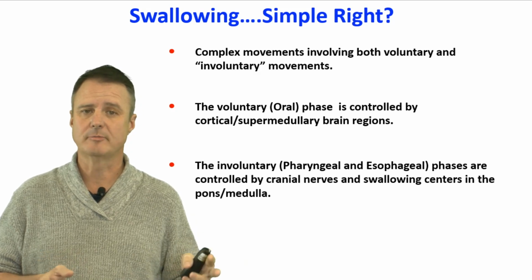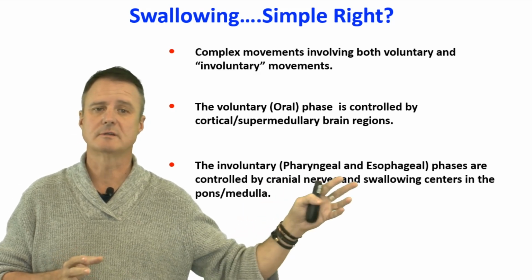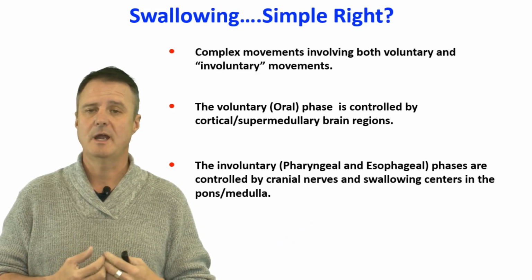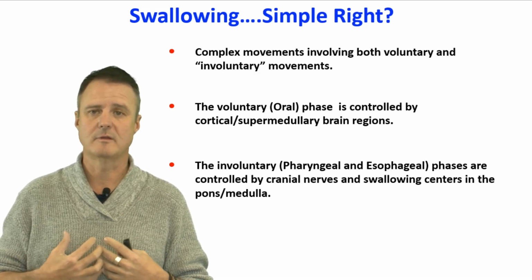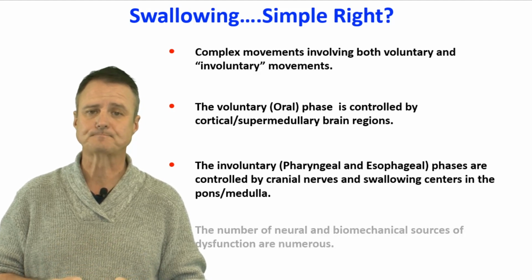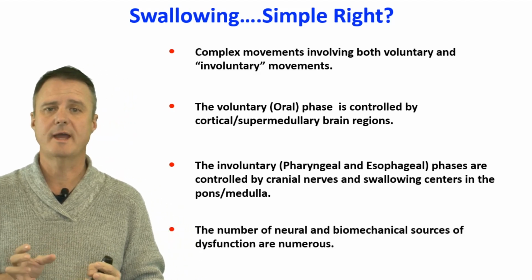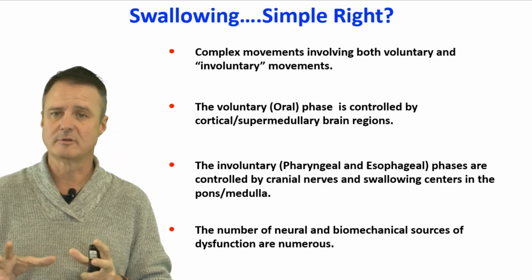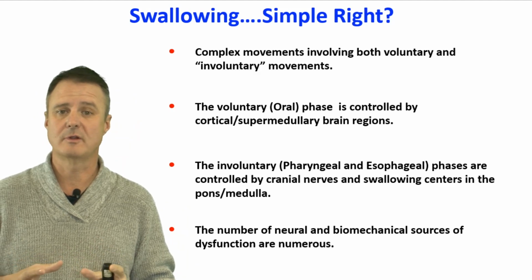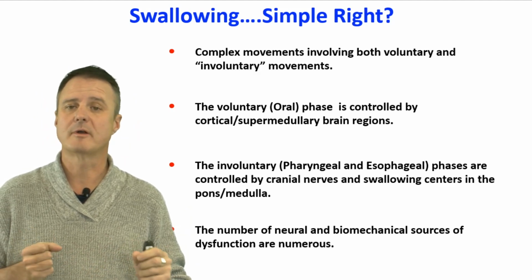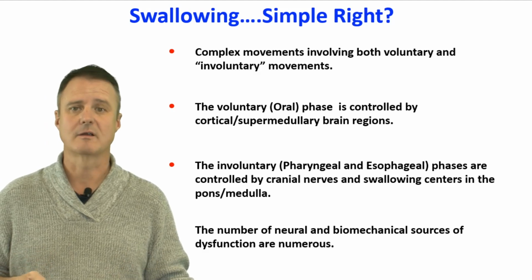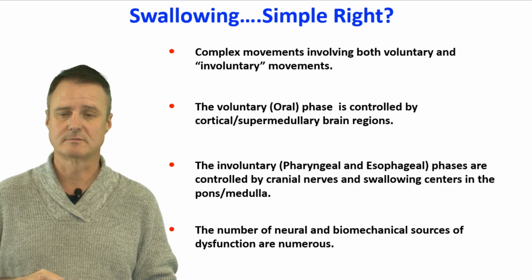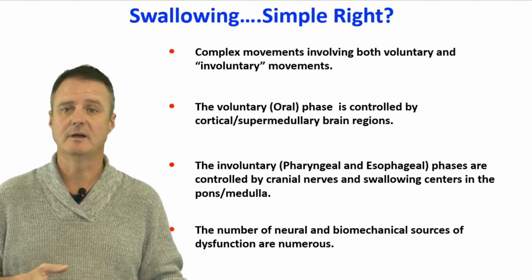The involuntary portion, which is the pharyngeal and esophageal phases, are controlled mainly by the cranial nerves and the swallowing centers that are located within the pons and the medulla. So when you start looking at the number of anatomical structures and the number of neural circuits that are important for the control of swallowing, the number of sources or possible places of error are numerous. And it's not surprising that the vast majority of neurological disorders involve dysphagia.